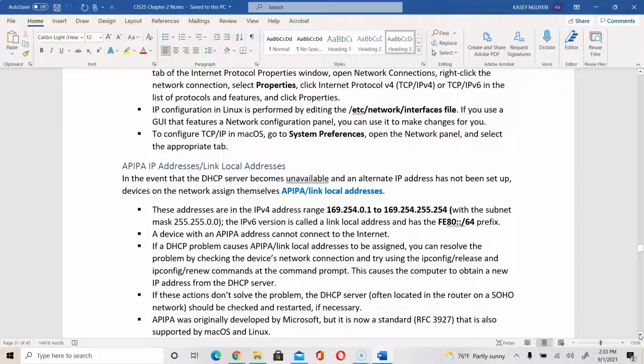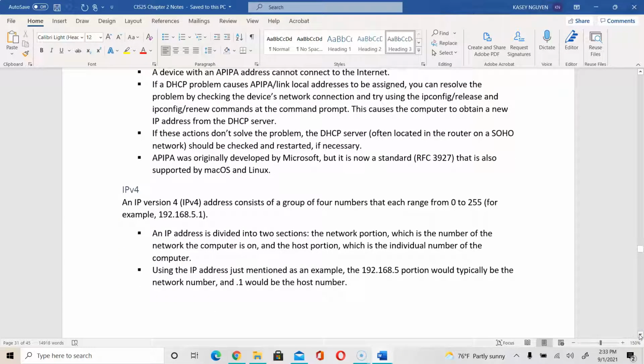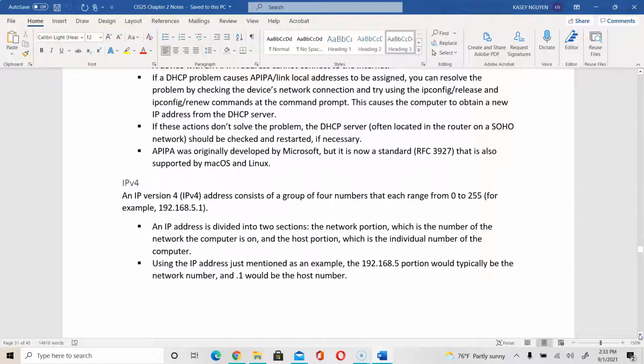It's a way for us to link without having a unique IP initially. IP version 4 is a 32-bit address, and it uses decimal values. So an example of a version 4 IP address is shown here, 192.168.5.1.